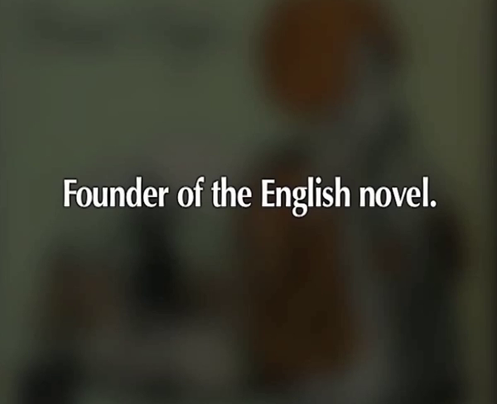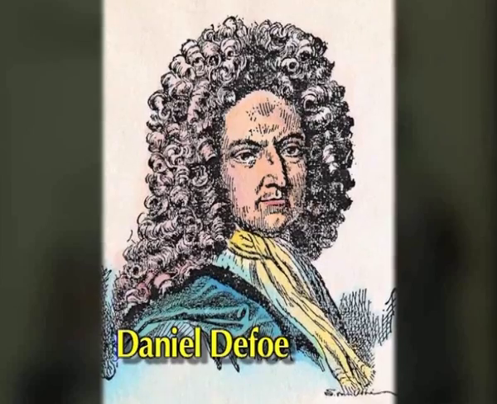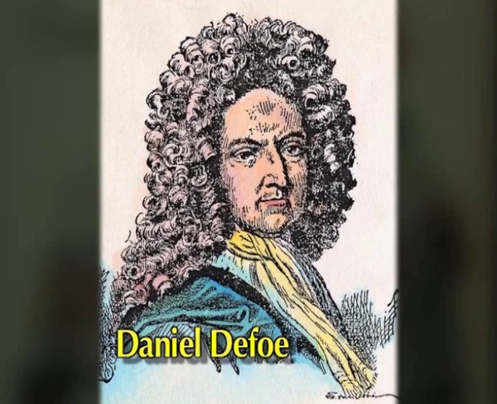Let us now move to the next segment of this lesson where we really need to know about the author, that is Daniel Defoe. Along with Richardson, Defoe is considered the founder of the English novel. Daniel Defoe was a prolific writer who could and would turn his hand to almost any topic.